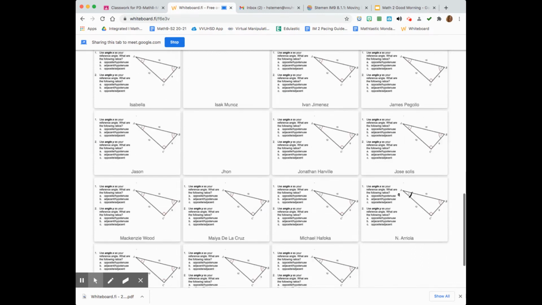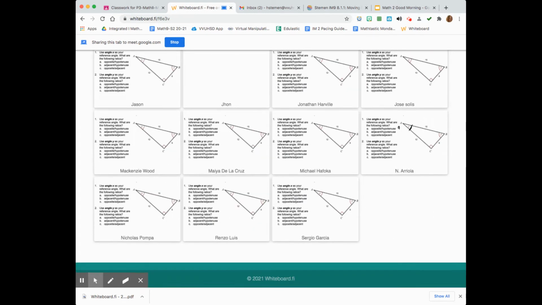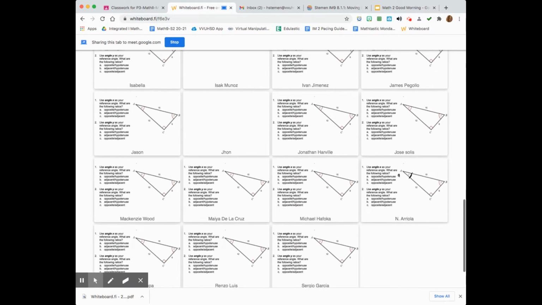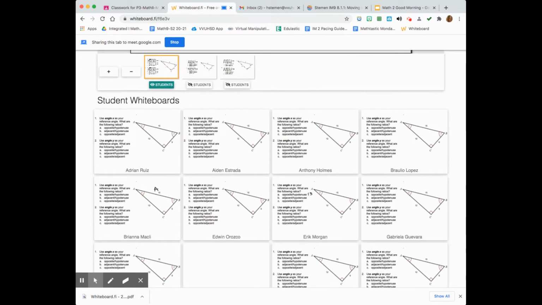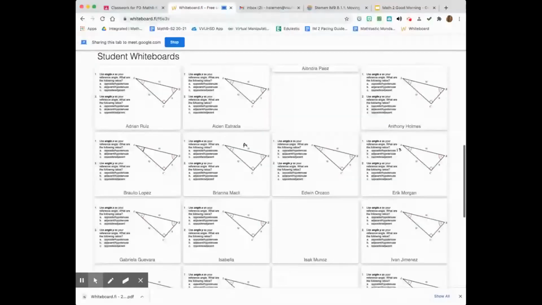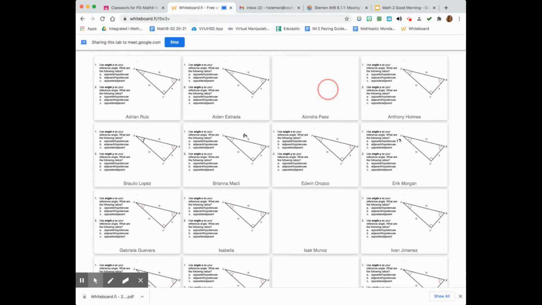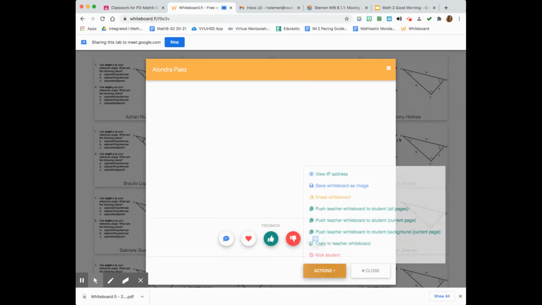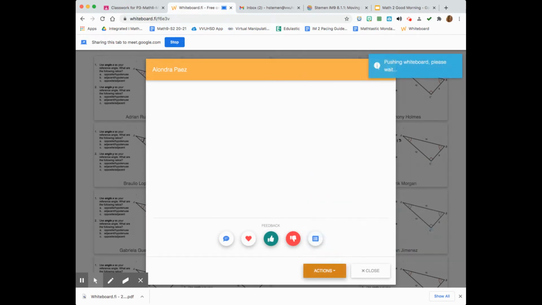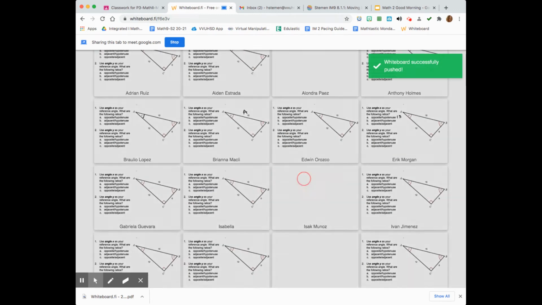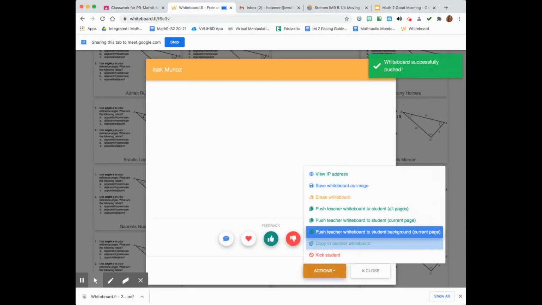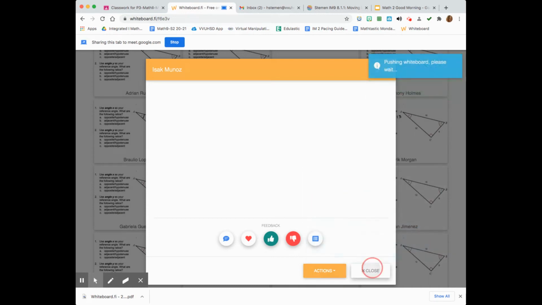It's still loading for some people here. If you haven't gotten a whiteboard yet, you need to have one. And then let me push this. All right, so we're going to do this one together. Let me just push to the blank boards to make sure everybody gets this.